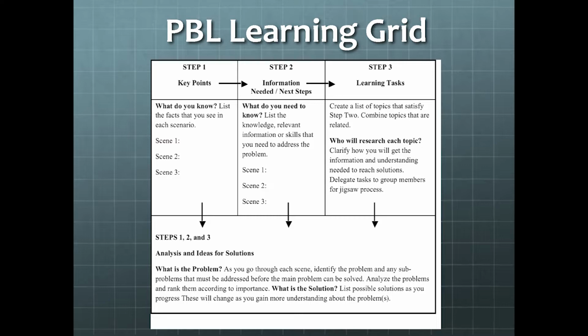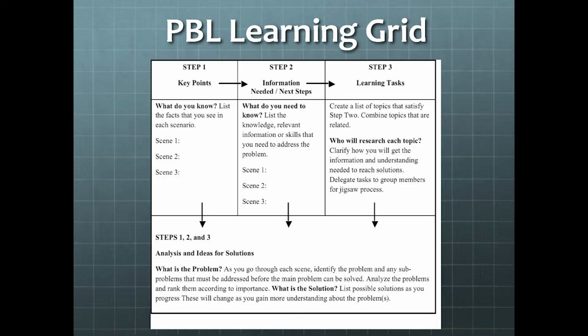Then you go to scene 2 and you repeat that process, and you do it with however many scenes you have. Typically there are 3 scenes in a standard PBL. At any moment on the learning grid, you can drop down and put in some analysis and ideas for solutions.